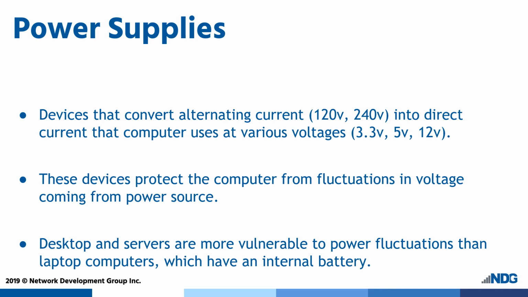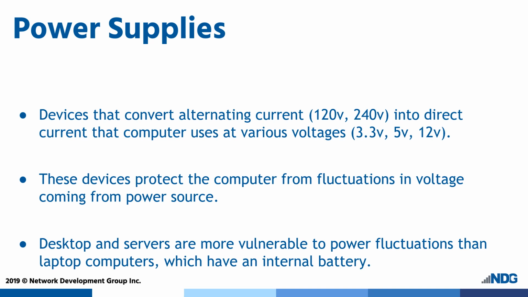Power supplies are devices that convert alternating current into direct current, say from 120 volts or 240 volts down to 3.3, 5, or 12 volts. So power supplies are generally not programmable. However, their proper function has a major impact on the rest of the system.